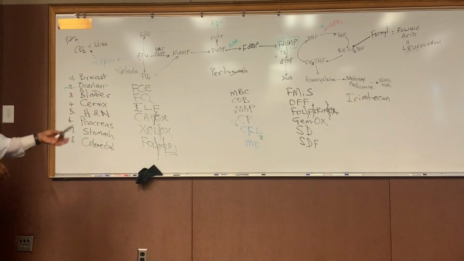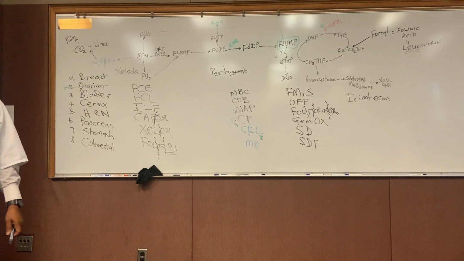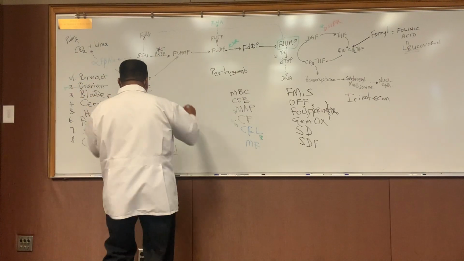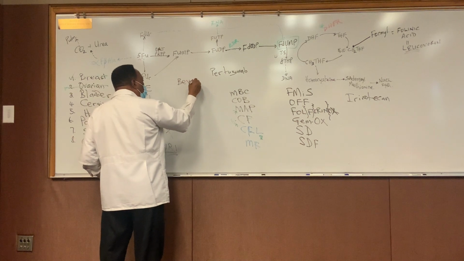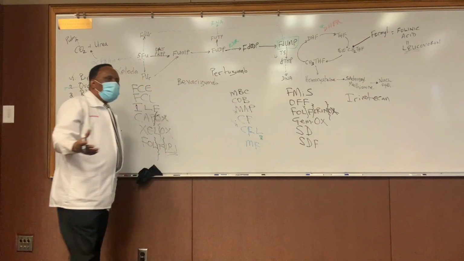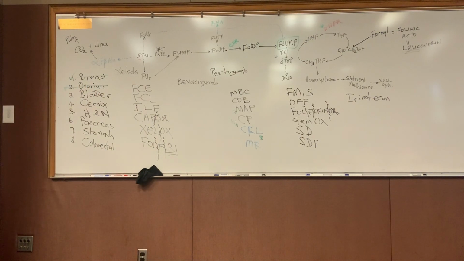And for your folfiri or Capox or Zelox, you can always add bevacizumab. You can always add bevacizumab because bevacizumab is an inhibitor of angiogenesis.